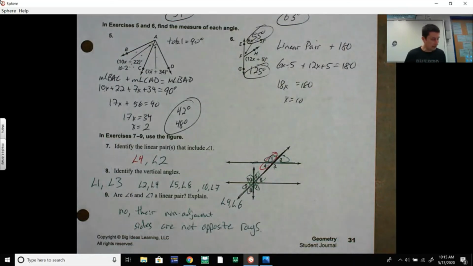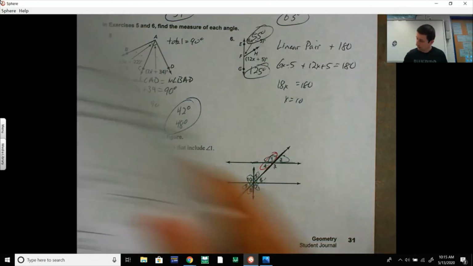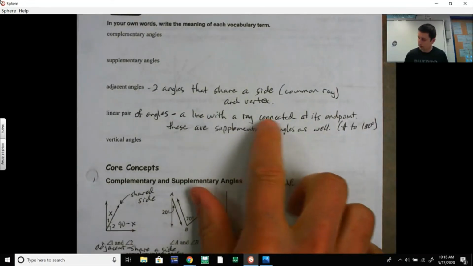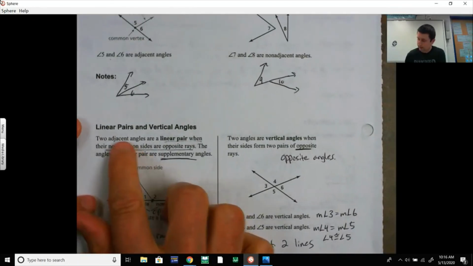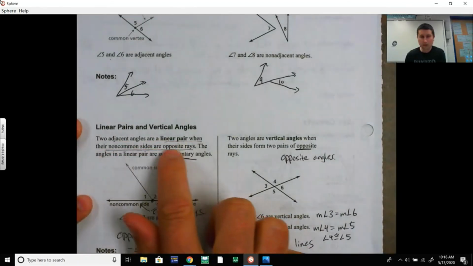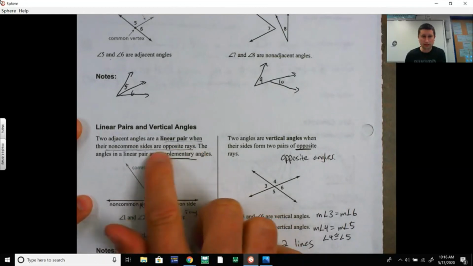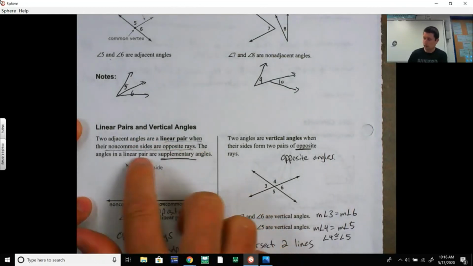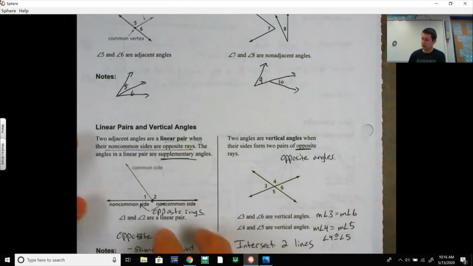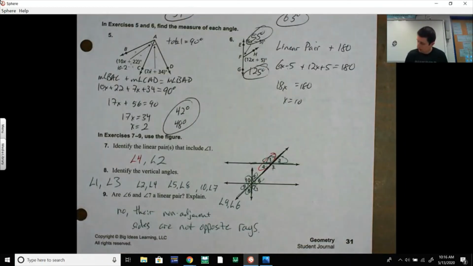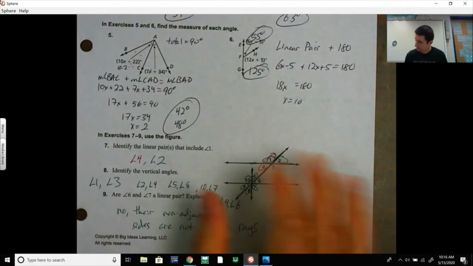You can always go back to that definition. It says a line with a ray connected to its endpoint. A linear pair is two adjacent angles when their non-common sides are opposite rays. The angles in the linear pair are supplementary angles. So it's like, oh, it violates that. That's why they are not opposite or a linear pair.